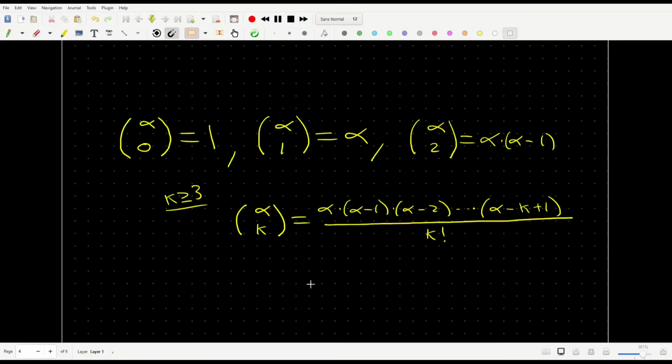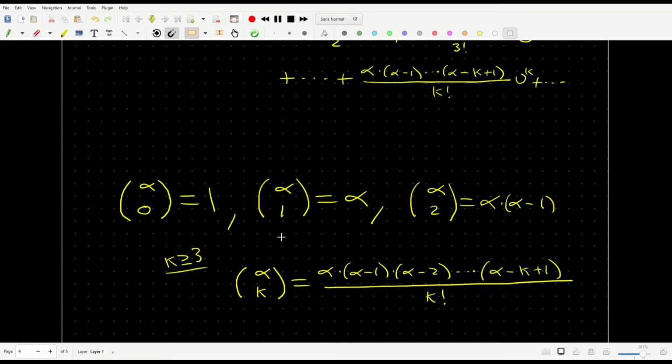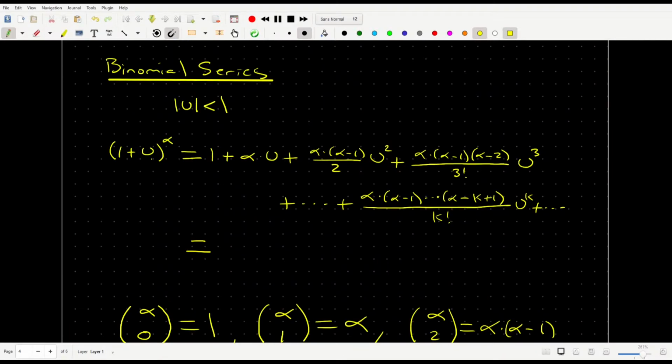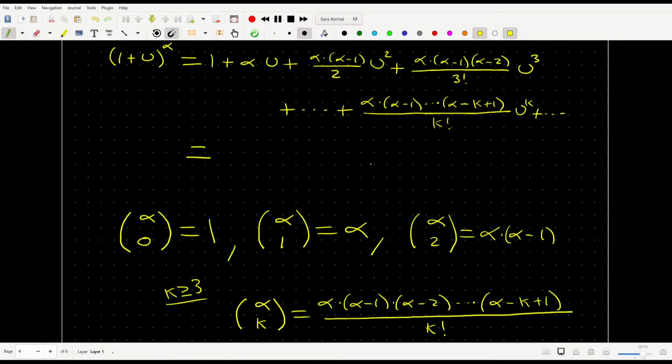And what's really neat now is that we can directly write down the closed form expression for this Taylor series expansion, for this sum, as the summation from k equals 0 to infinity of alpha choose k times u to the k.